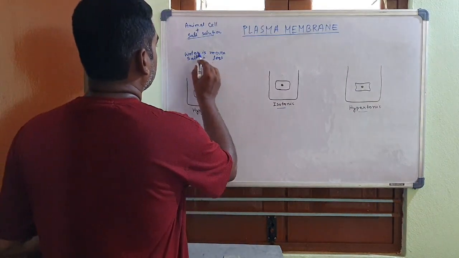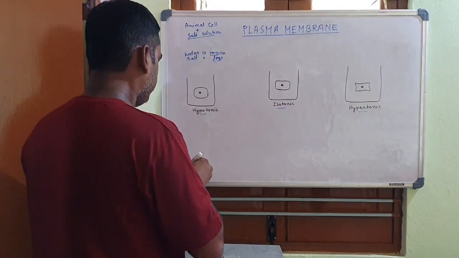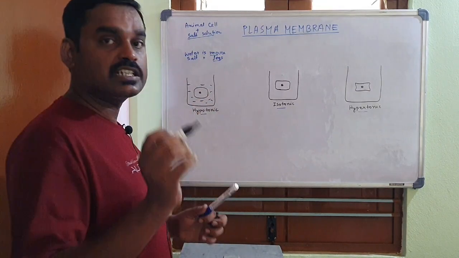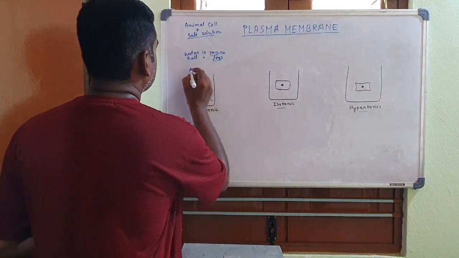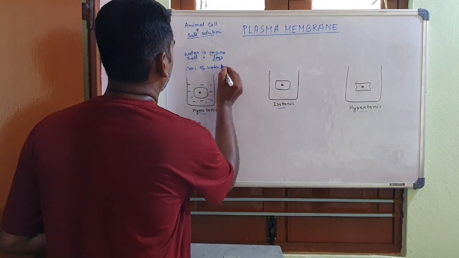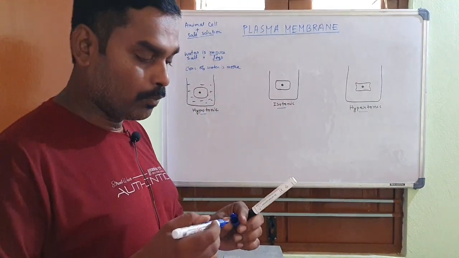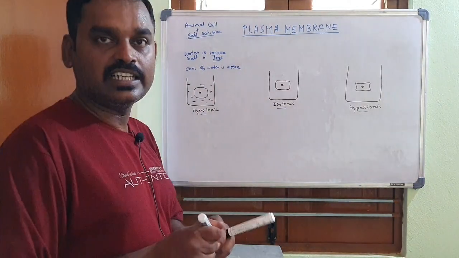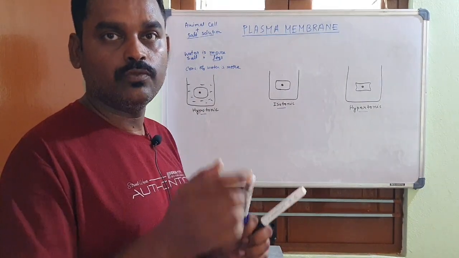So if water is more and salt is less, then in the surrounding medium the concentration of water is more and the concentration of salt is less. Inside the cell there is a lower concentration of water.